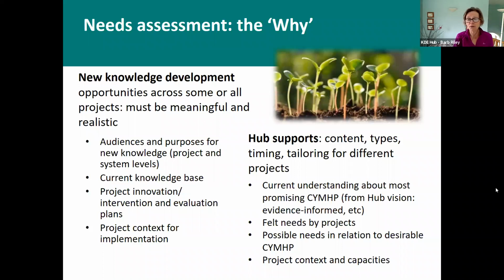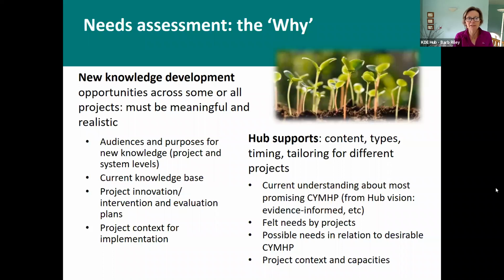Then there's also an analysis that we're doing right now of possible needs, and there's lots of overlap here with what you've expressed to us, but possible needs in relation to what I've just described in terms of the hub vision, about those different characteristics of most promising child and youth mental health promotion.